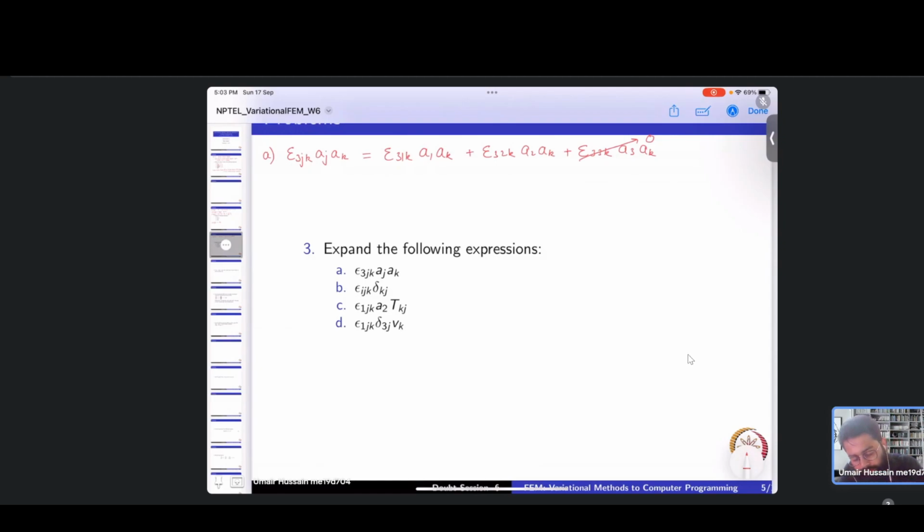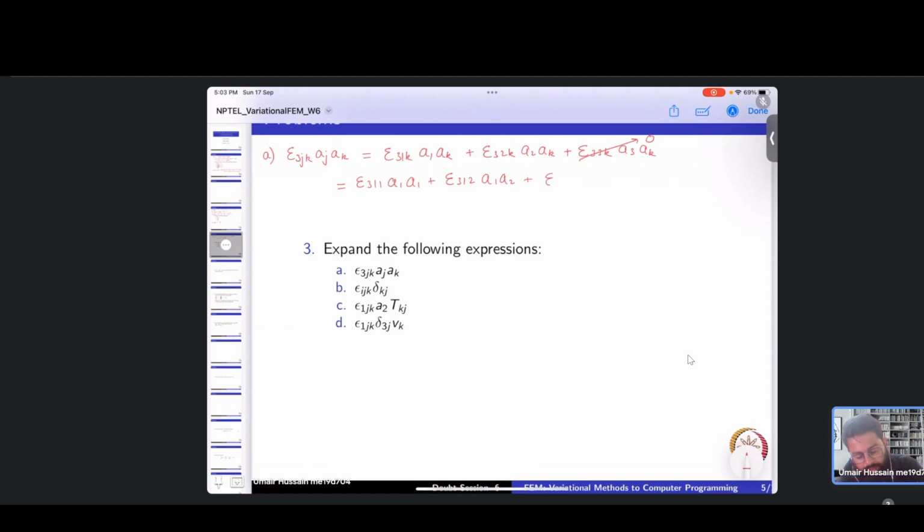So now we go on to expand the k index. So again we have first epsilon 311 a1 a1 plus epsilon 312 a1 a2. Then we expand the second term.